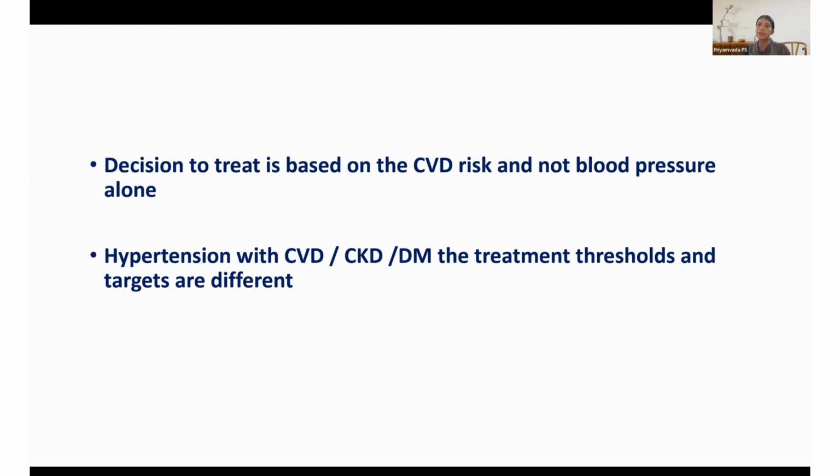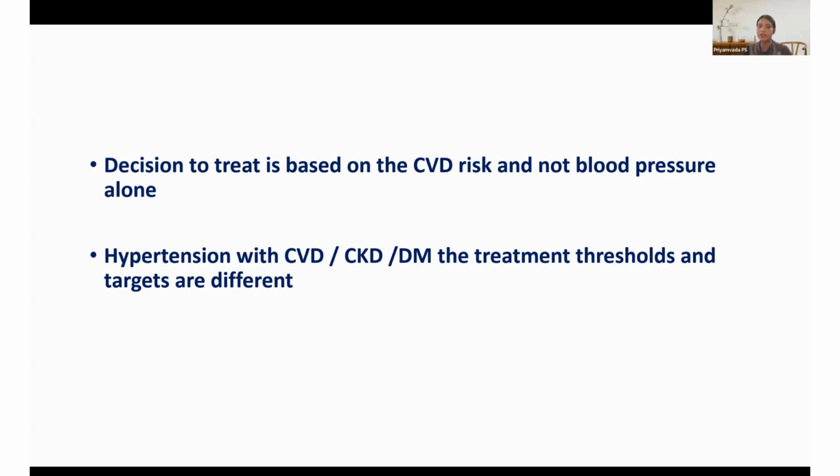But there is a group of patients who don't cross 140 by 90, who might be having slightly lower pressures, but such patients we decide to treat based on the cardiovascular risk. For example, a patient with a cardiovascular disease, a patient with CKD, or a patient with diabetes, we initiate treatment at a slightly lower threshold, and the blood pressure targets we want to reach with lifestyle and pharmacotherapy are going to be lower.